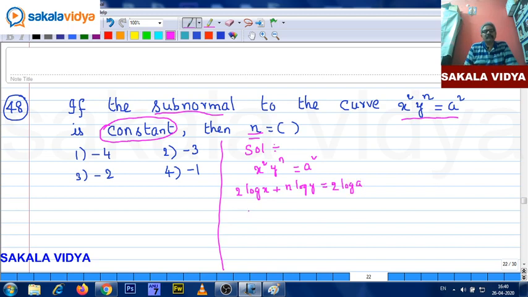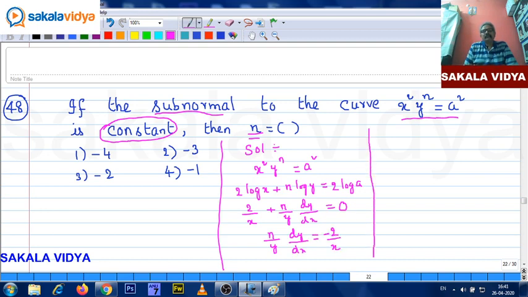Differentiate with respect to x: this is 2 by x plus n into log y differentiation, 1 by y, so n by y into dy by dx, equal to 2 log a differentiation, a constant, 0. So, n by y dy by dx equals minus 2 by x.